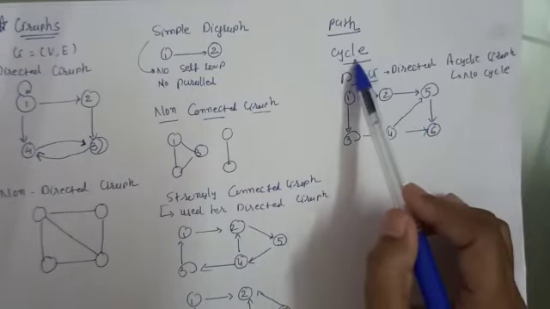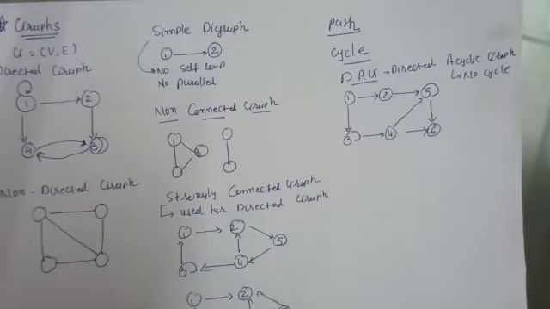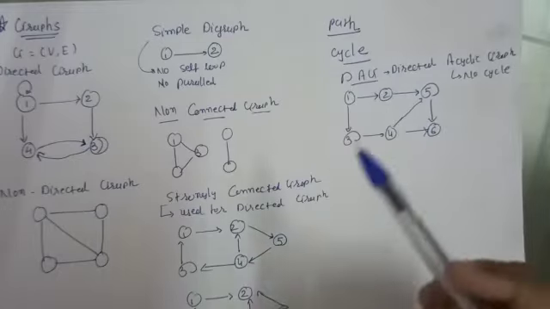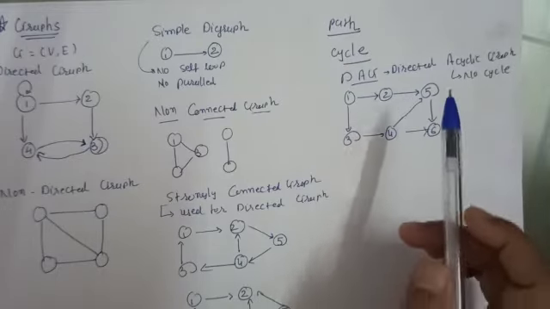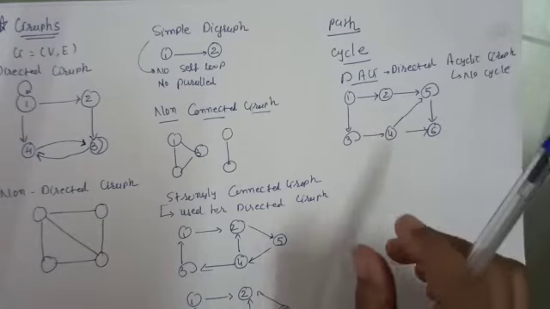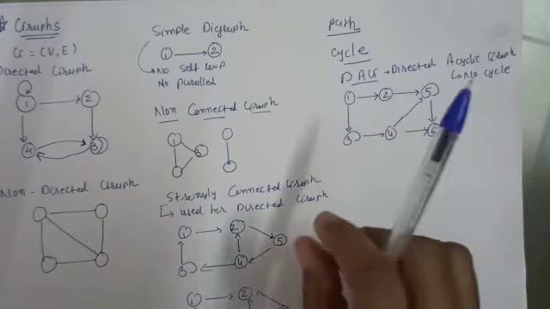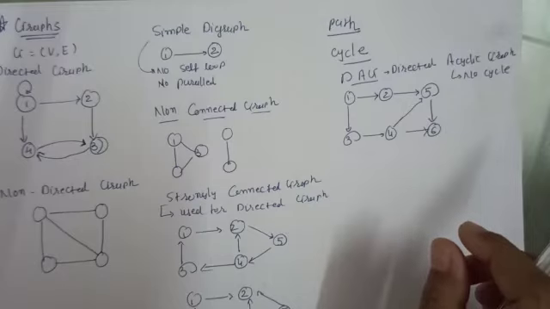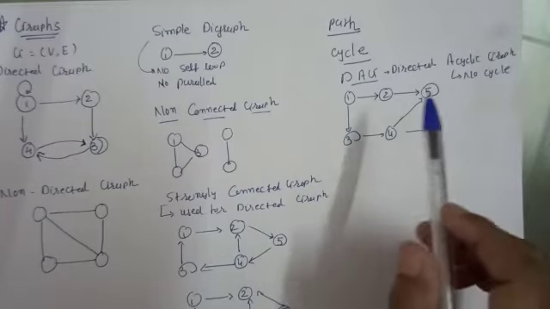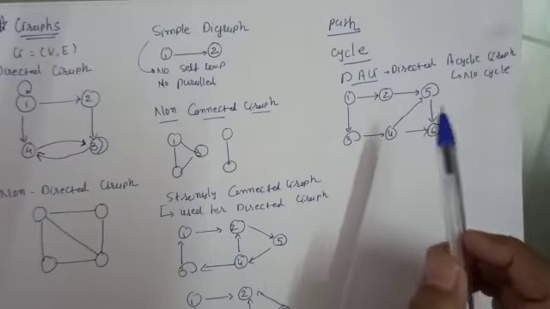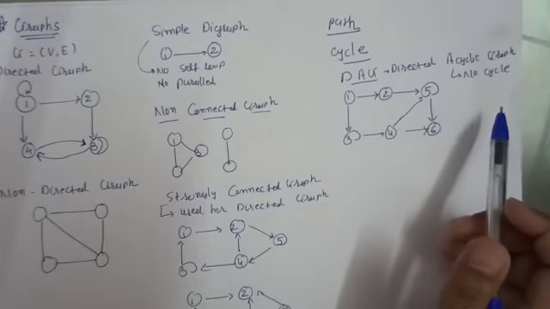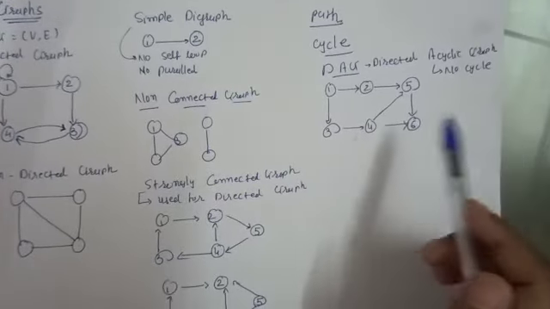The next terminology is cycle, also called a circular path. If there is a path starting from a particular vertex and reaching back to the same vertex, then it is called a circular path or a circuit.